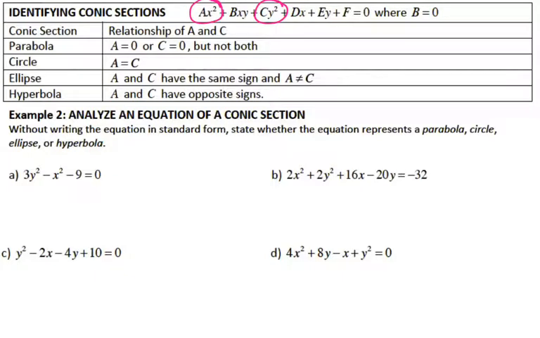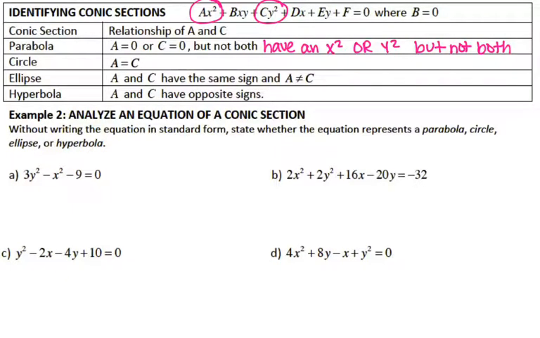So for parabolas, it says a equals 0 or c equals 0, but not both. So what that means is you can have an x squared or a y squared, but not both. It's one or the other.